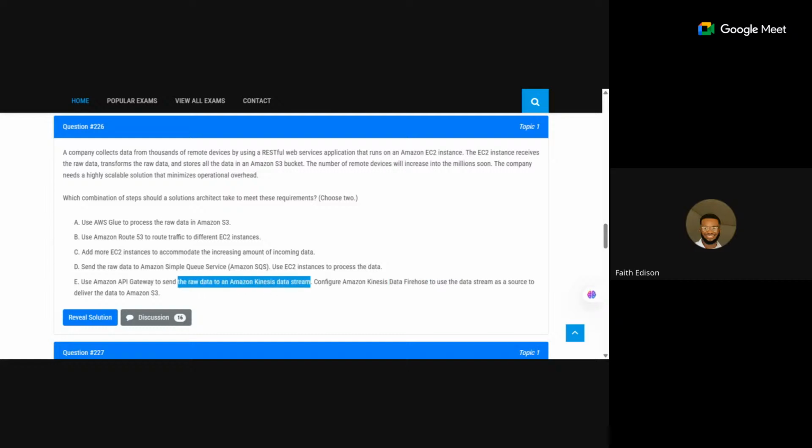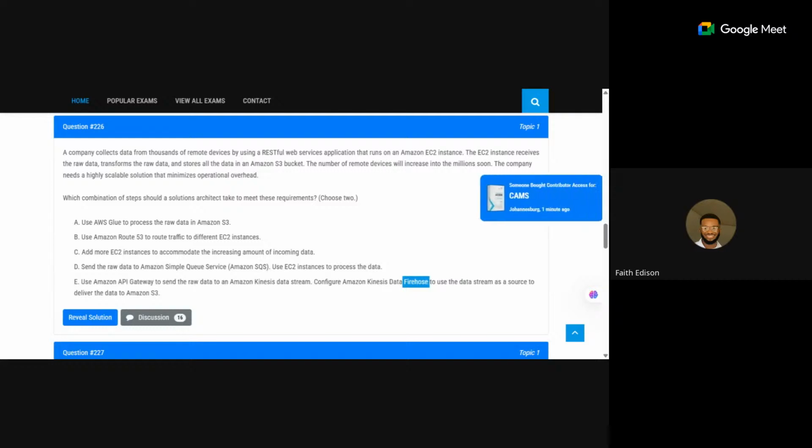So the transformed data now will be carried by firehose to S3. Is it a transit service? Like, is it transferring the data? Yeah, you can think of it as that. So all you need is a source and a delivery point.